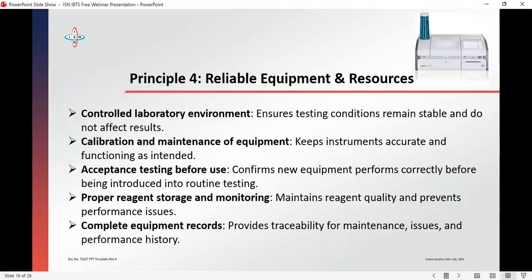Complete equipment record. It is important, based on this principle number 4, that all documents from when the instrument was brought to you, you need to document it: how it came into the lab, the verification process you carried out, the installation qualification.